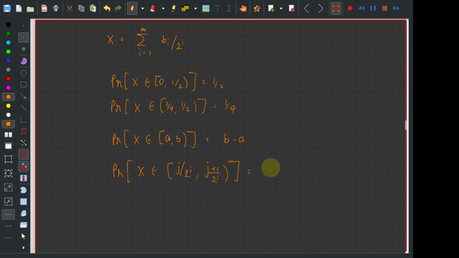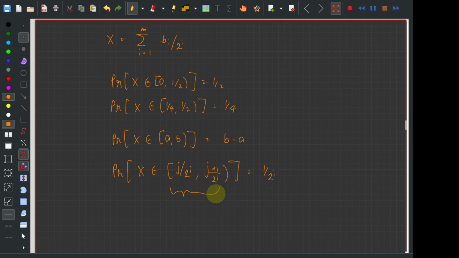You're convinced that this is 1 by 2 to the power i? What event does this correspond to? Exactly. Correct.